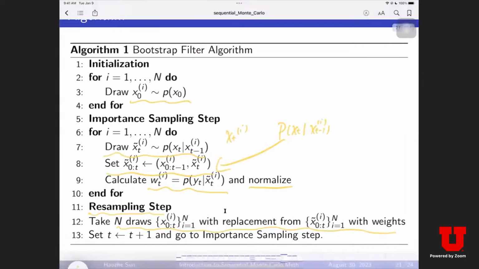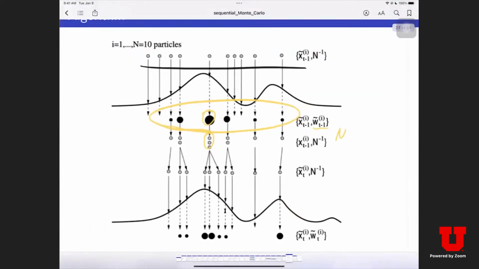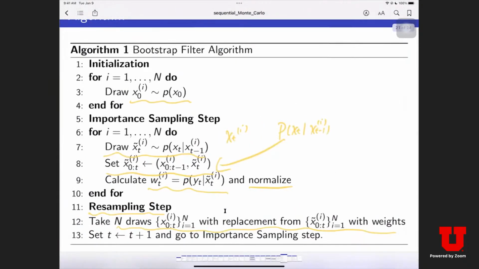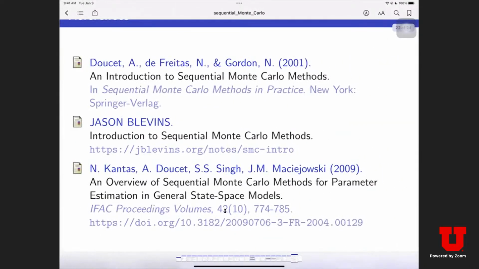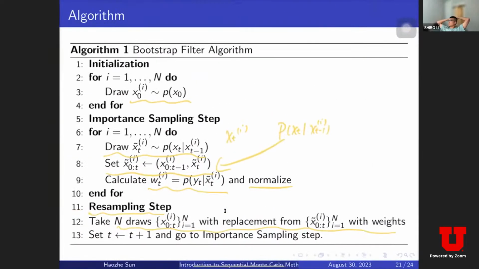If their weight is too low, we will kick them out, set t equals t plus 1 and repeat the importance sampling step and the resampling step. After the resampling procedure, all the particles have the same weights.